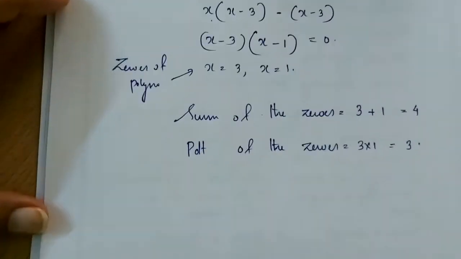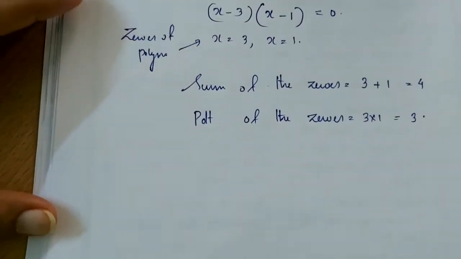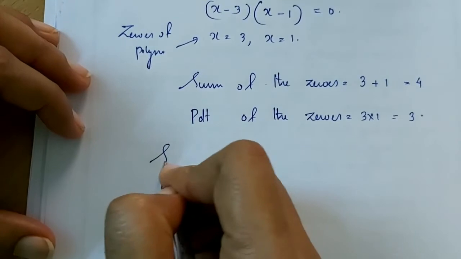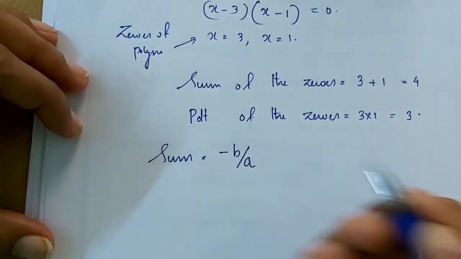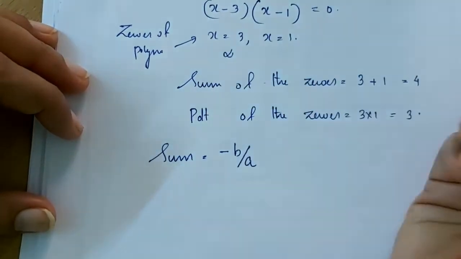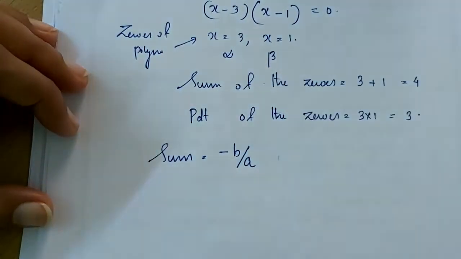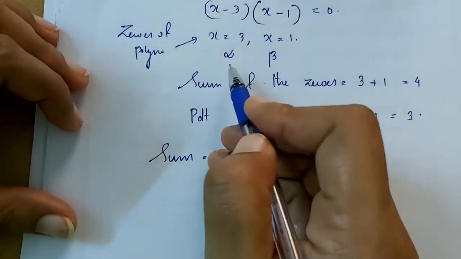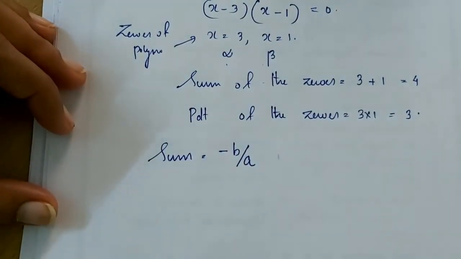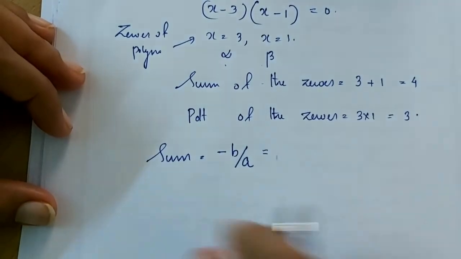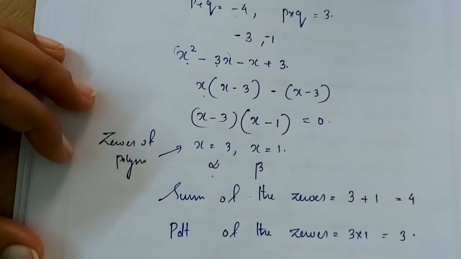Let's find a relationship, or give an equation. Sum is equal to −b/a. Consider this first solution as alpha, and the second solution as beta. The sum of these values, alpha plus beta, is equal to −b/a. We have to substitute the values.